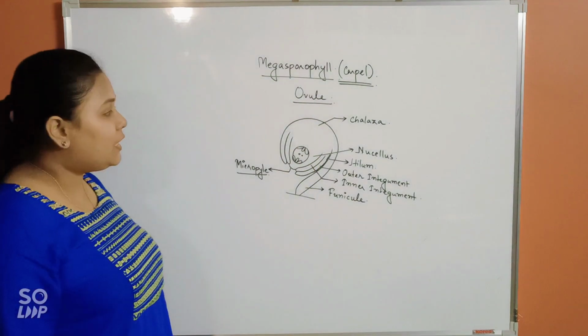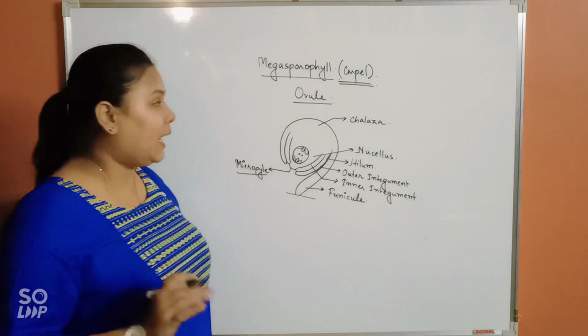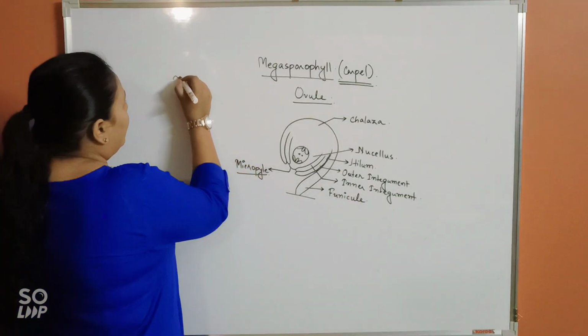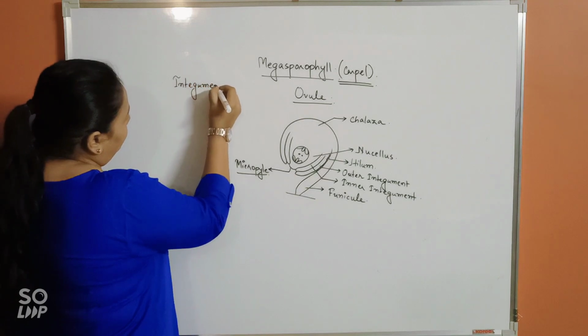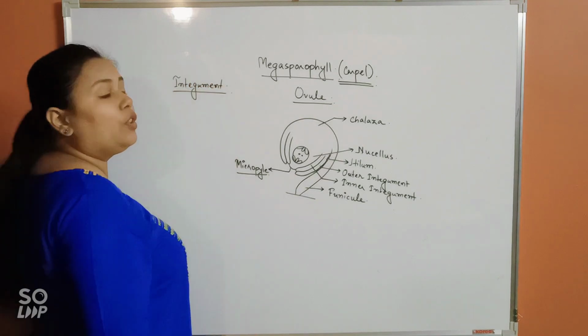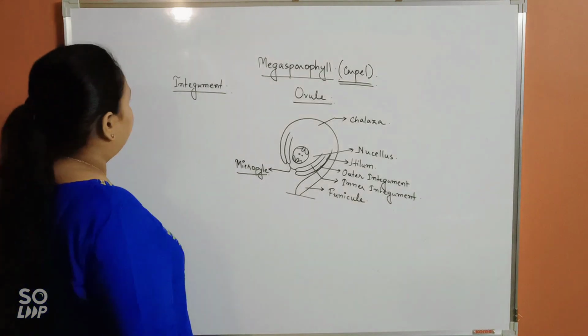Now, regarding the integument or nucellus, we can differentiate the ovule. First let us take the consideration of integument. Based on the number of integuments, the ovules can be of three types.